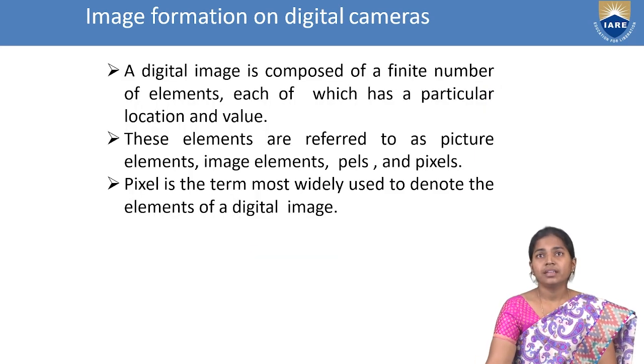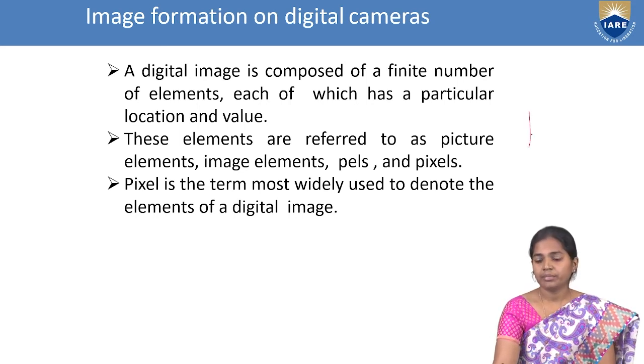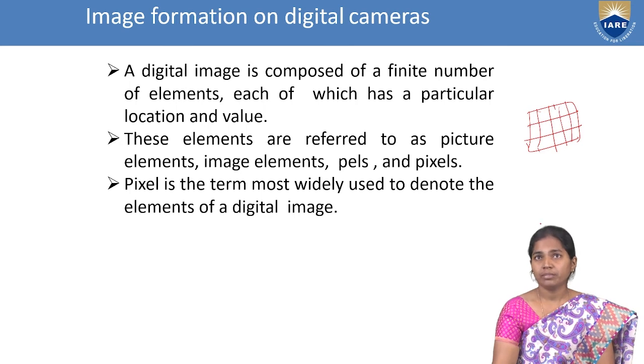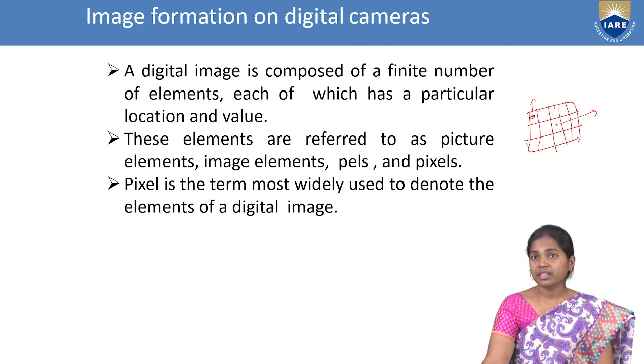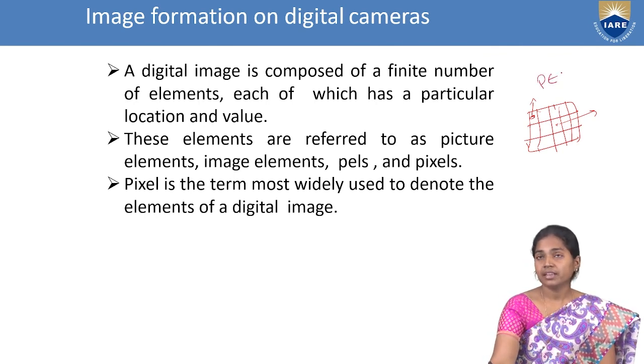A digital image is composed of a finite number of elements, each of which has a particular location and value. In digital, meaning discrete values, there is a finite number of elements; one pixel has one gray level value and another pixel has a different gray level value. These elements are referred to as picture elements.